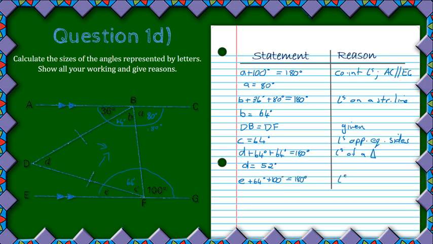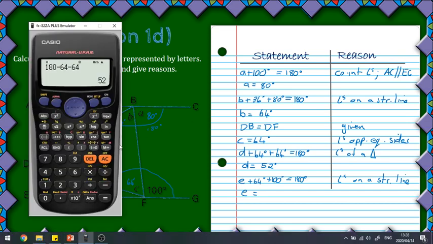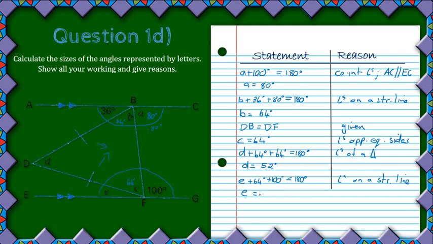Angles on a straight line. And then I solve for E. So E will then be equal to 180 minus 64 minus 100, and this is equal to 16 degrees.